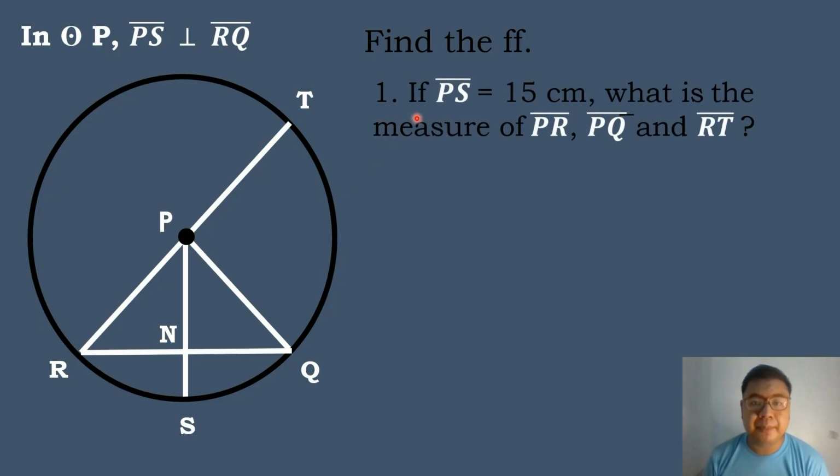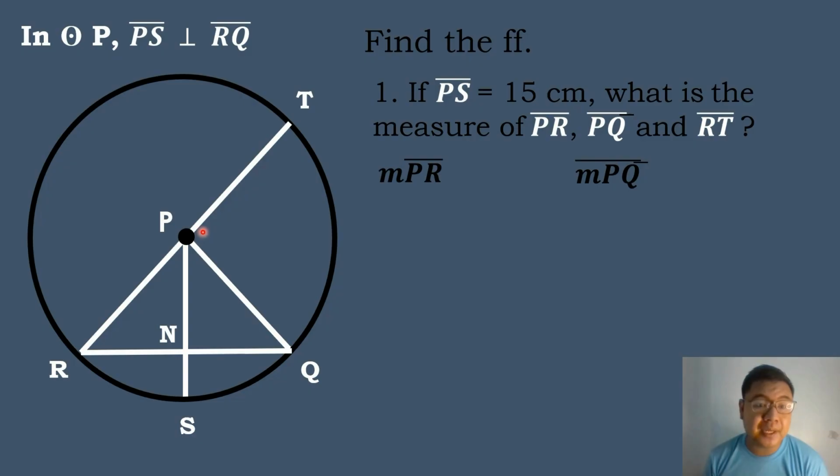Number 1, if segment PS is equal to 15 cm, what is the measure of segment PR, segment PQ, and segment RT? So we will find the measure of segment PR, this radius, and the measure of segment PQ, which is also a radius.